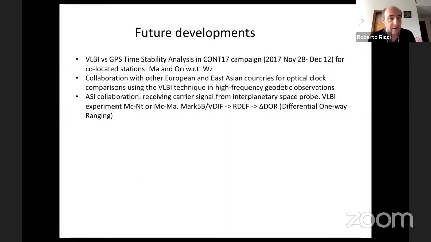And also we have an ongoing collaboration with the Korean colleagues to have optical clock comparison between Italy and Korea using K-band geodetic VLBI. And also a collaboration with the Italian Space Agency to study VLBI through the delta-DOR, the differential one-way ranging technique.